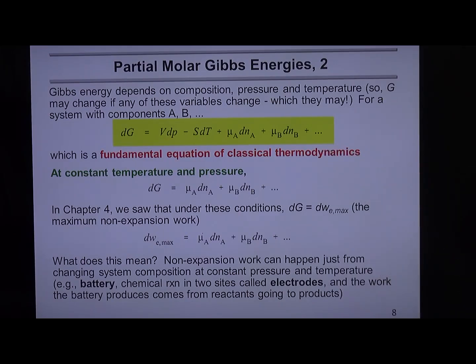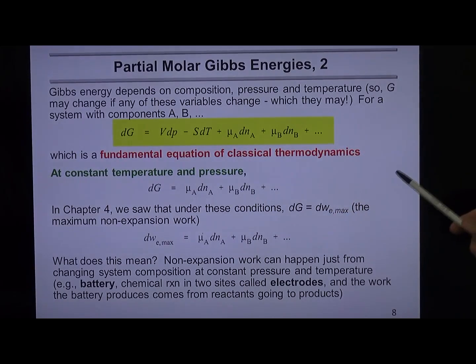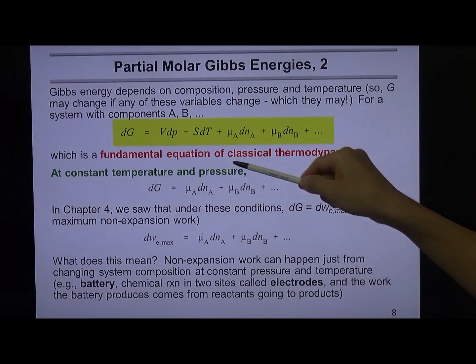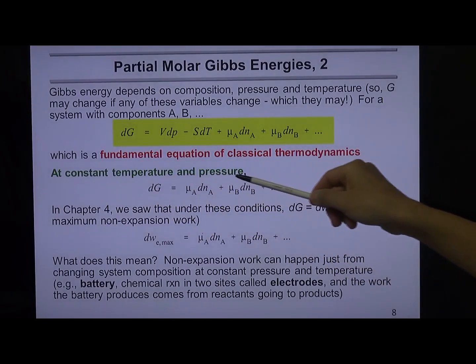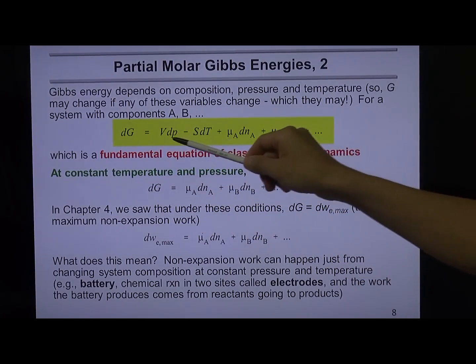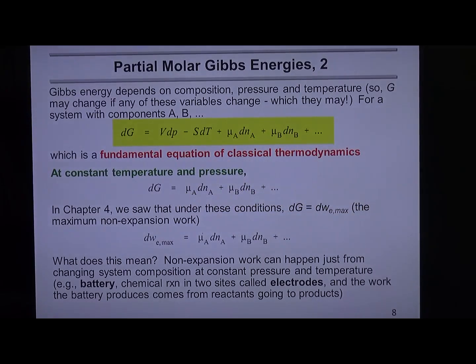So this equation is called the fundamental equation of chemical thermodynamics. Okay? This is the general fundamental equation to describe the change in Gibbs energy. So from this fundamental equation for Gibbs energy, if temperature and pressure are constant, then dG is equal to mu A dNA plus mu B dNB.